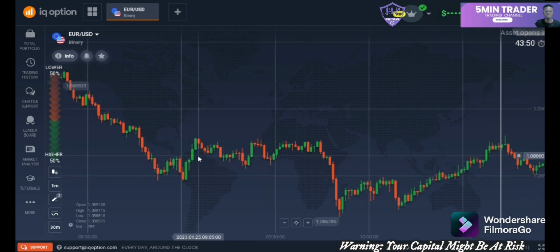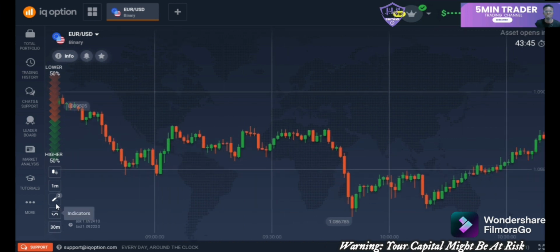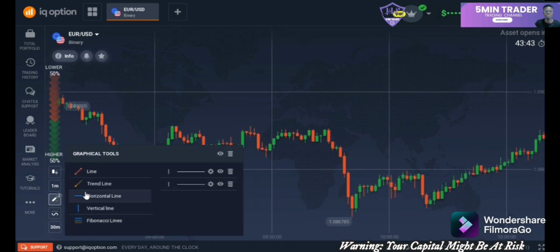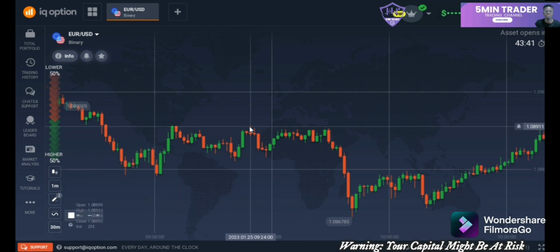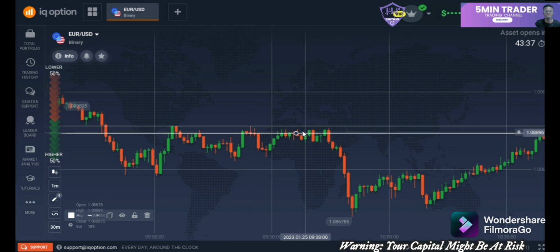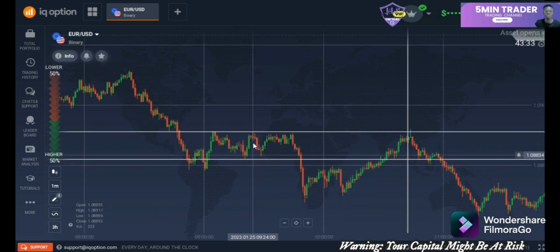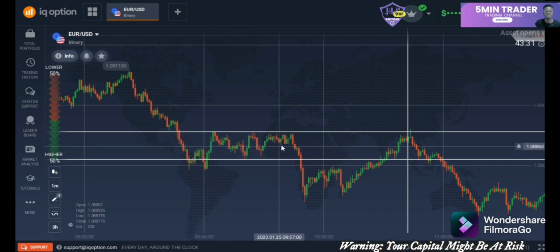That means it moves in a straight line like this. Now when the market moves in a range, this is what happens. It moves like this. It bounces between two lines like this. So this is a rangy market.